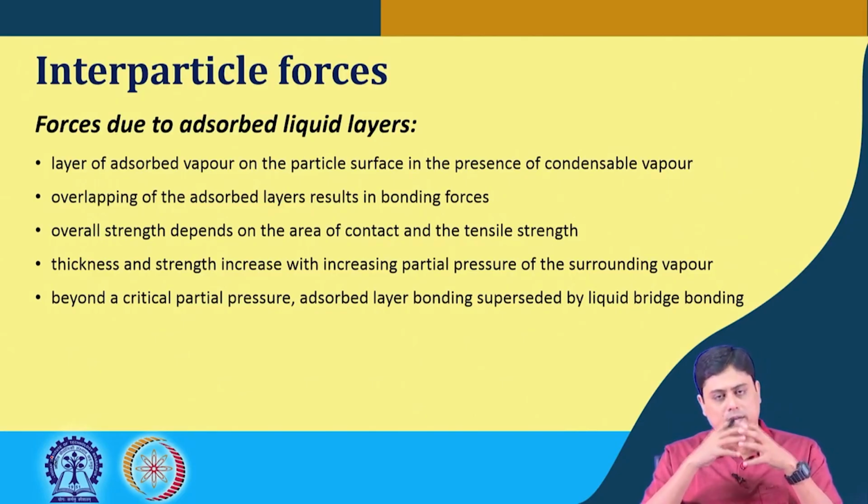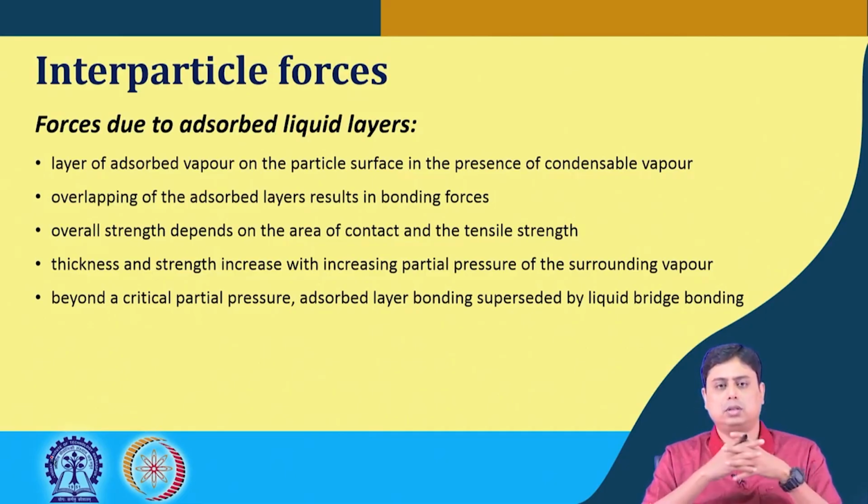Say a bunch of particles are there, and in the presence of this condensable vapor we have a layer of adsorbed vapor on the particle surface. Now the overlapping of this adsorbed layer results in some kind of bonding forces.